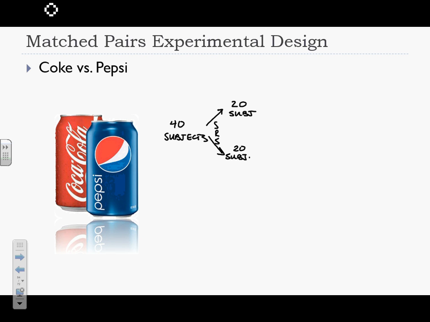Group 1, we'll try Coke first, and then try Pepsi second. Group 2, we'll try Pepsi first, and then try Coke second. And then at the end, we compare preferences.